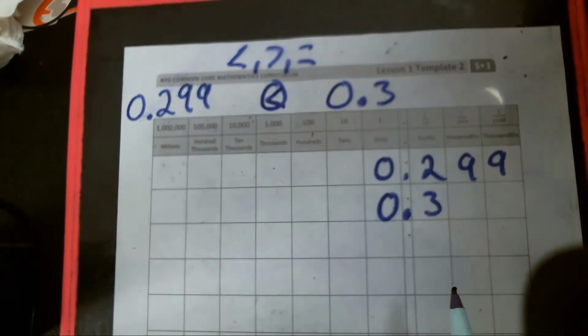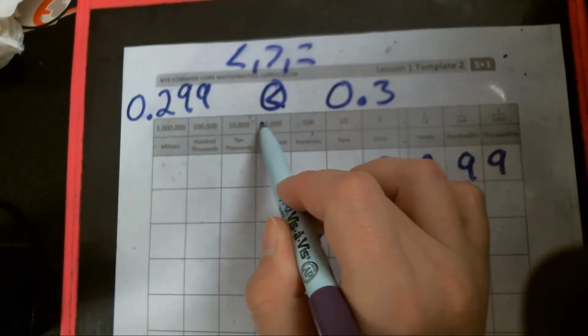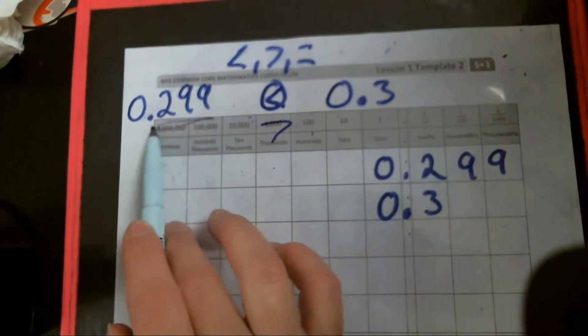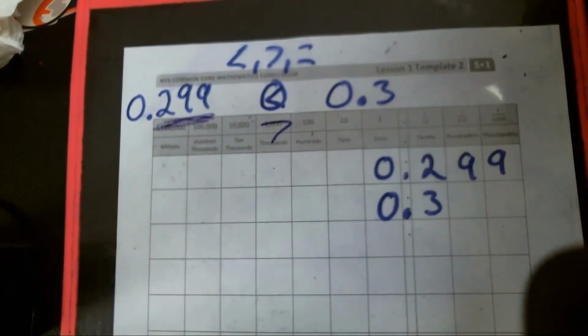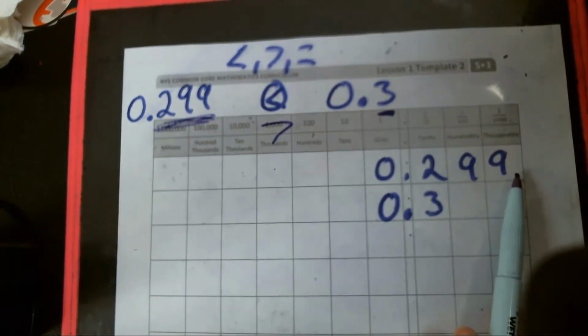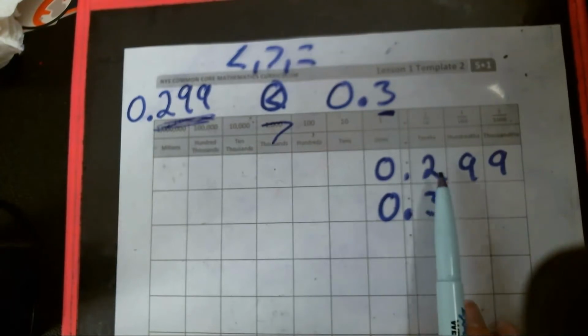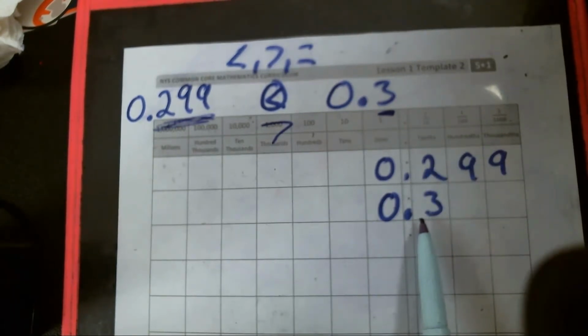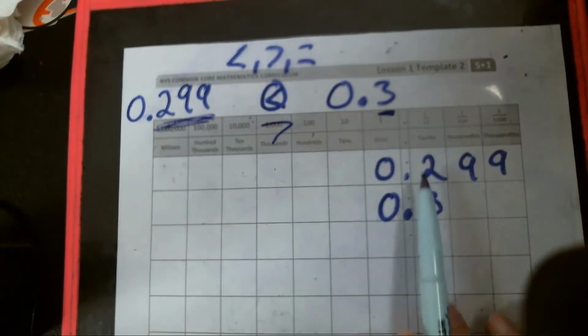Now, you may have accidentally chosen greater than, and it might have been because you saw that this number right here has 3 digits in it, and this one only has 1 digit. The amount of digits doesn't matter. What matters is what's in each place value. Even if I had 299 thousandths, I still only have this 3/10 here, and that 3/10 is greater.